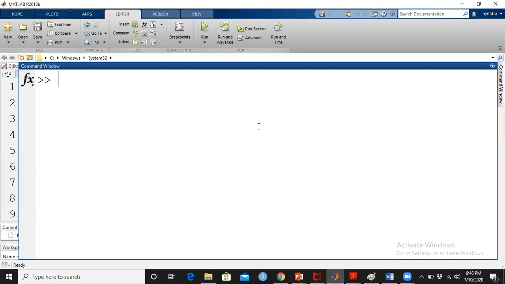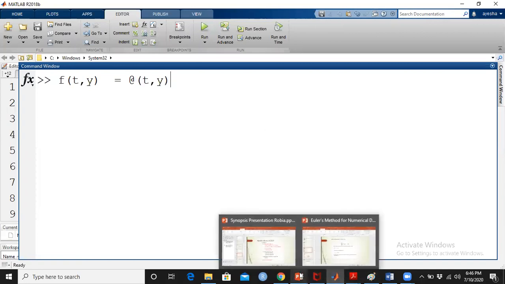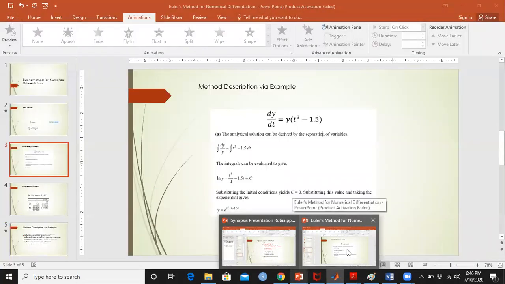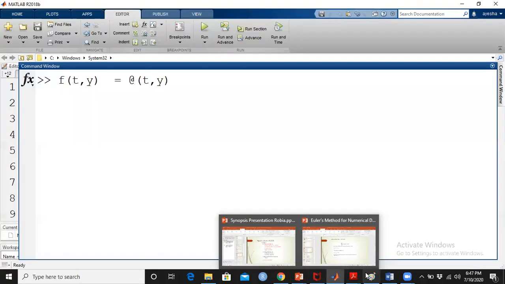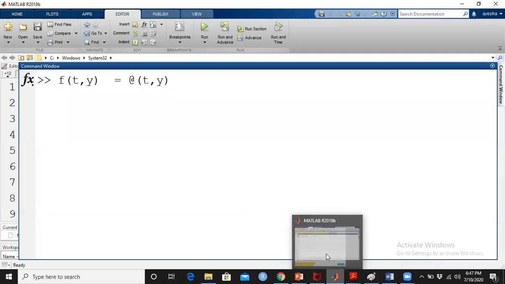I can give it any name, so I will write at the rate t comma y, and then the function is y times t cube minus 1.5.